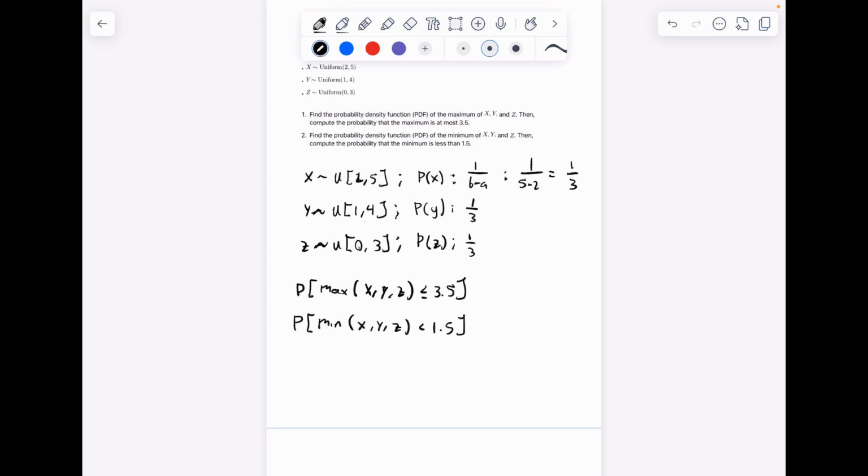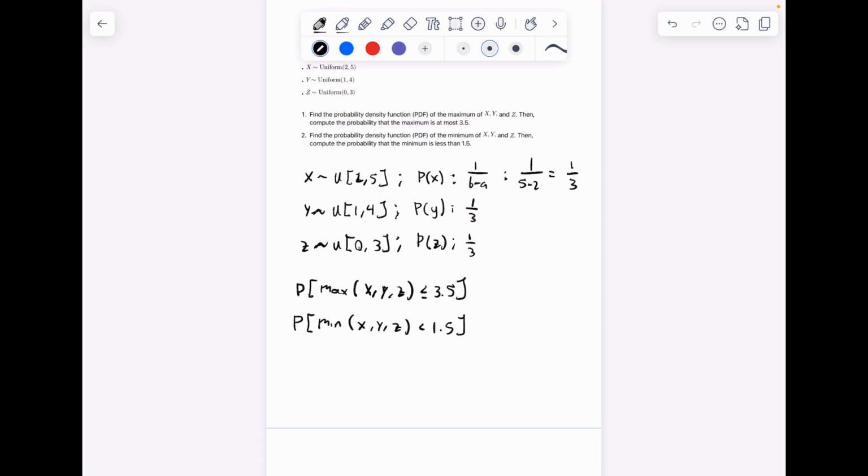So I think the best way to think about this is to look at what the maximum and minimum contain. In the case where it's asking the maximum being less than a value, we know that all of the X, Y, and Z values must be less than 3.5, because if any one of those crosses it, that will be the maximum value.